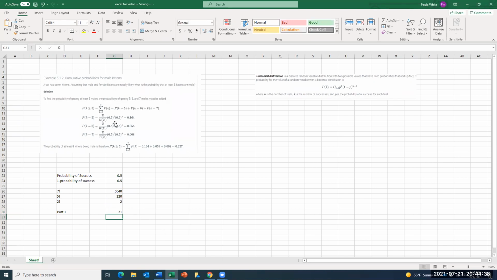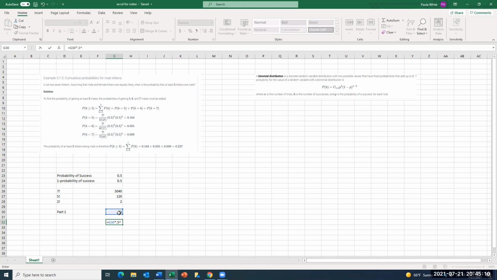Now I have to multiply it by 0.5 raised to the power of 5, and multiply that by 0.5 raised to the power of 2. So I'm just going to enter that as a formula. I'm going to say equal. I pick up my first term, and then I'm multiplying by 0.5 raised to the power of 5.